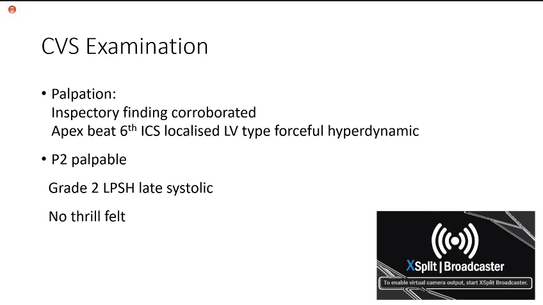Sir, P2 palpable in the left second intercostal space. Grade 2 left parasternal heave is present. That is a late systolic. Why did she describe that as a late systolic grade 2 left parasternal heave?